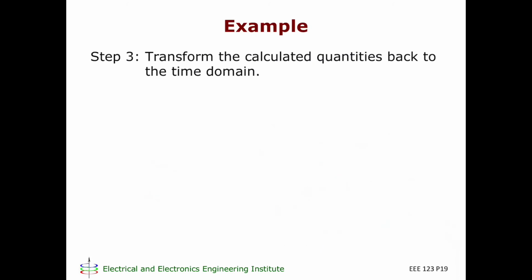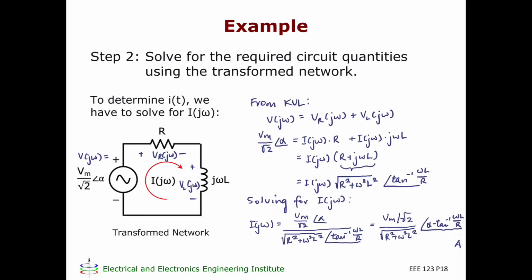What is now the third step? The third step is to transform the calculated quantities back to the time domain. Okay. So from step 2, I know that the magnitude of Is(jω) would be the RMS value of is(t). And the angle of Is(jω) would be the phase angle of is(t).